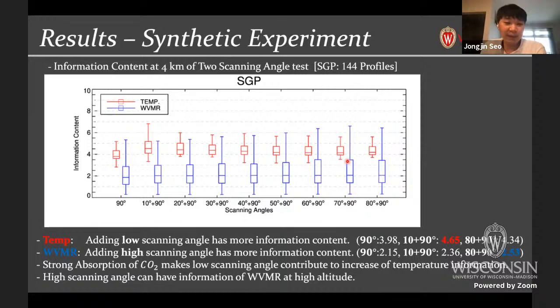And for the water vapor mixing ratio, adding high scanning angles has more information content than adding low scanning angles. Because the strong absorption of CO2 makes low scanning angles contribute to an increase of temperature information, especially near the surface. And for water vapors, high scanning angles can have information at higher altitude than the low scanning angles.